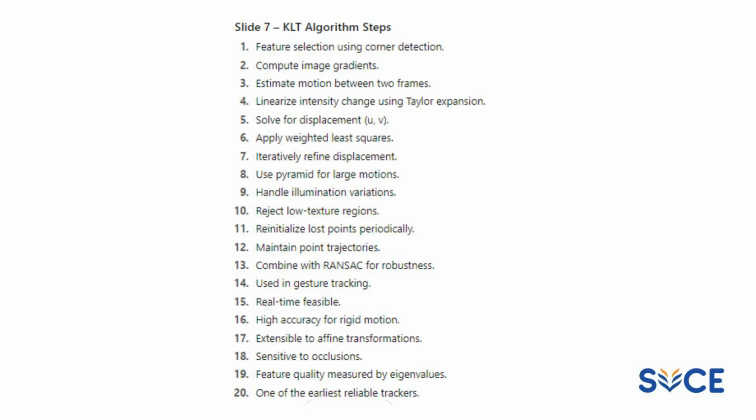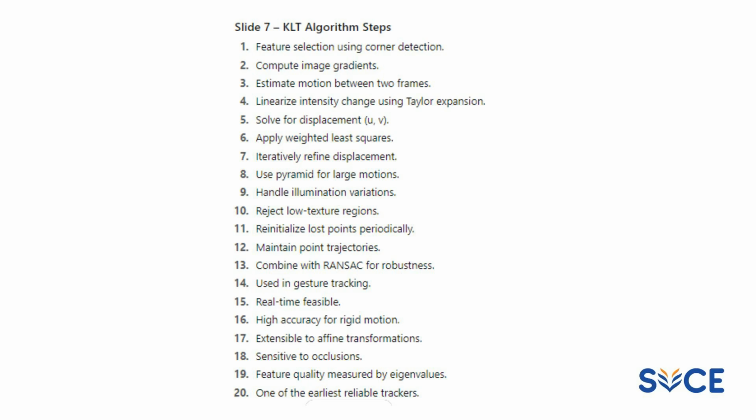So we are going to update the feature position. Here we move the feature points to their new positions in the next frame based on the estimated velocity. Then validation and tracking: check if the feature is still valid, that is, not lost due to occlusions, motion blur, or leaving the frame.